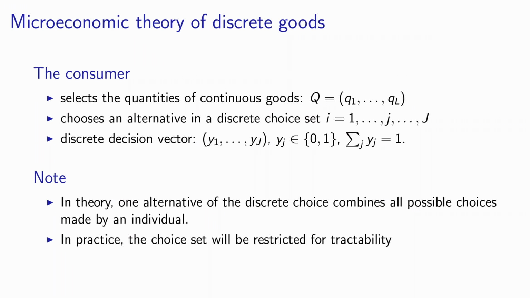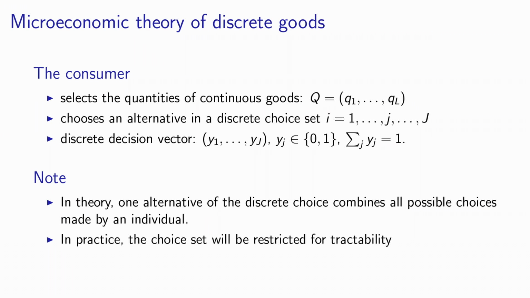So here, we will assume that this choice set contains J alternatives, whatever they are. And it can be the combination of a lot of different discrete alternatives. Therefore, we have to associate decision variables to this choice set. These decision variables are denoted by Y, and the idea is that it's a binary variable.